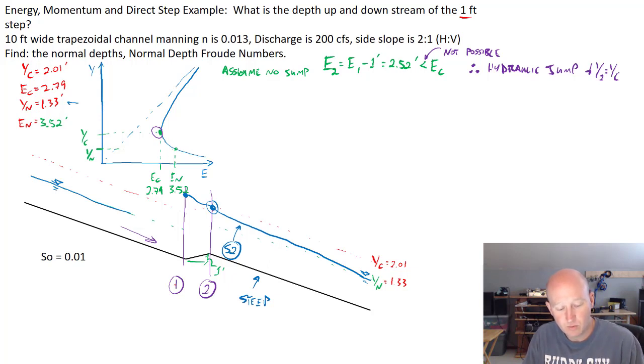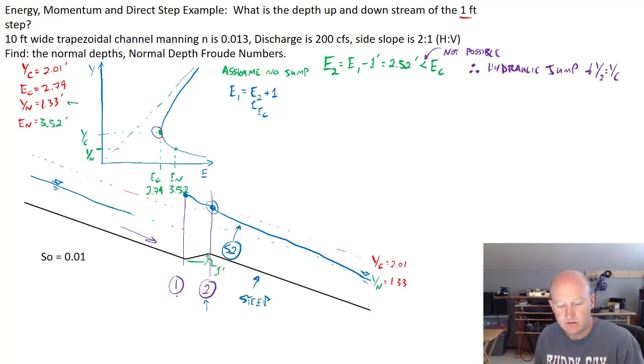And so to get to point 2, we're going to use the same energy balance concepts, but we're going to work in the opposite direction. And so what we've got is the energy at 1 is equal to the energy at critical, and then now it's plus 1 foot because we're actually adding as we move from location 2 to location 1.